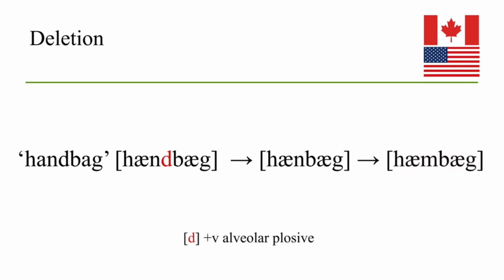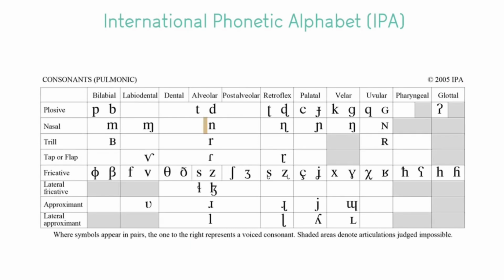My point is that sometimes a word undergoes more than one phonological process, because then you have na and ba, and as you know in the chart, na is alveolar and ba is bilabial. What is happening is we turn na to ma.